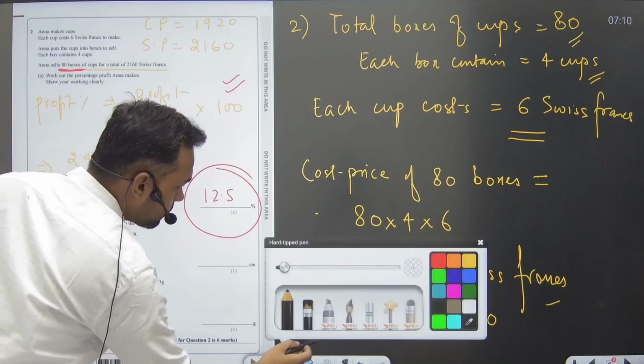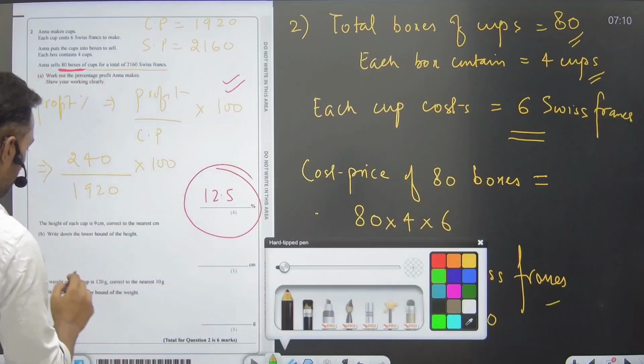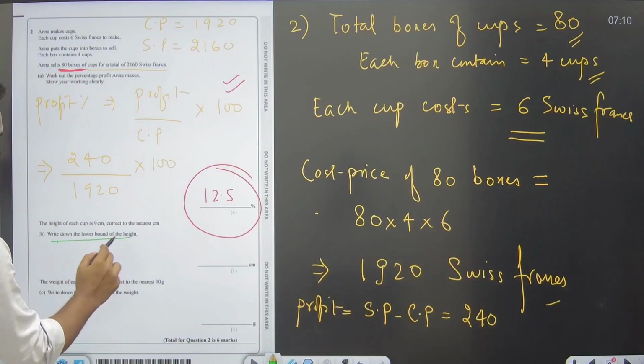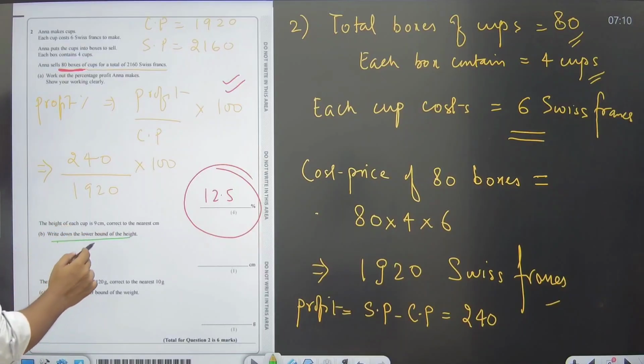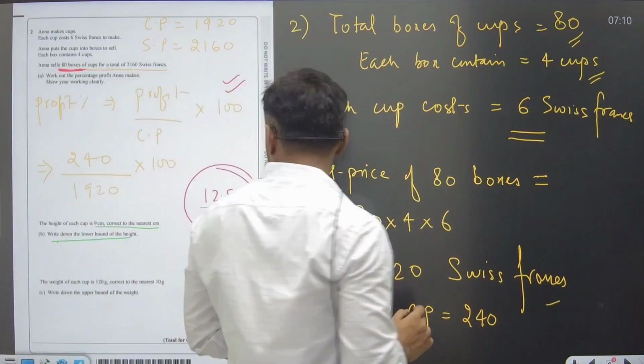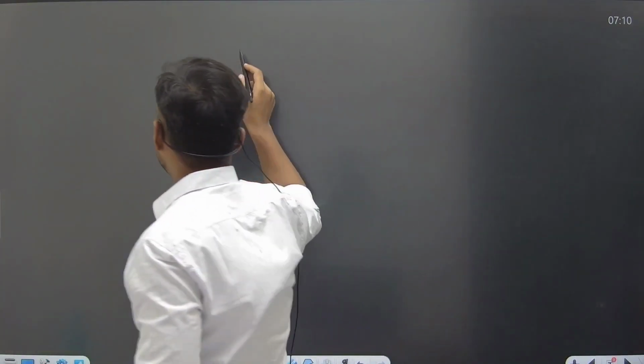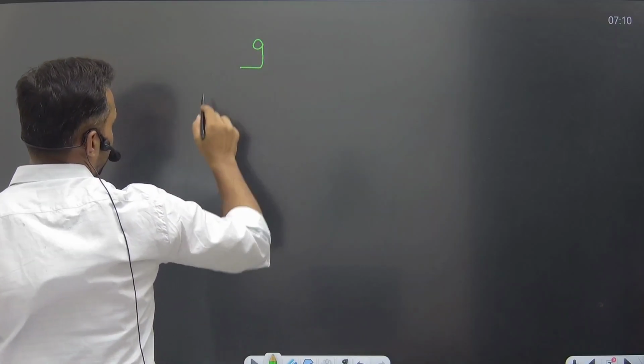Now let's move to the second part of this question, that is write down the lower bound of the height, and the height of each cup is 9 centimeters, correct to the nearest centimeter. I have already mentioned this and I will mention it again, how we need to work this out. 9 is given.